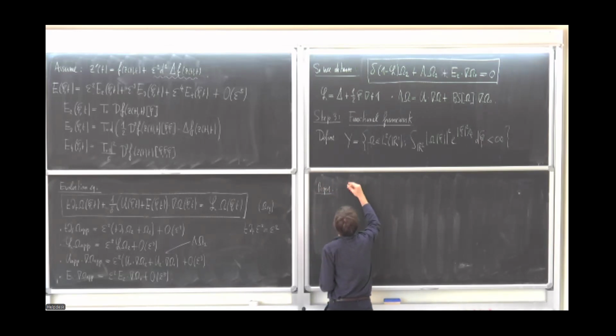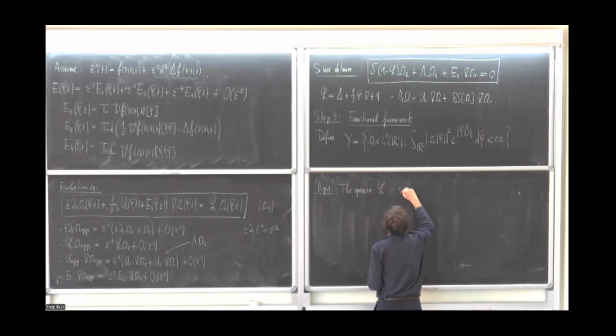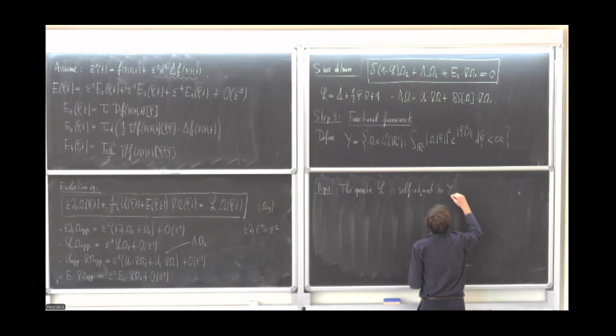which tells you that the operator L, the diffusion one, is self-adjoint in Y with discrete spectrum.